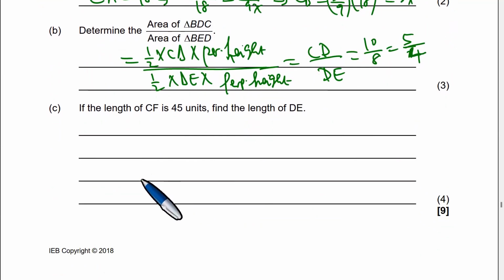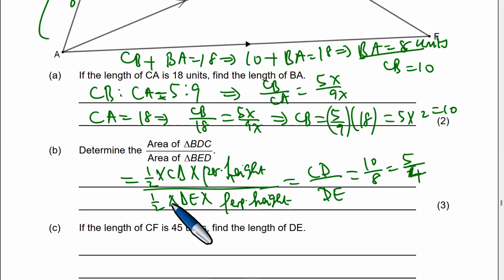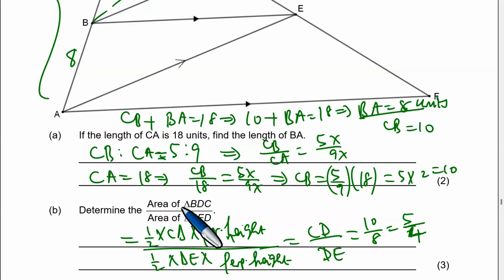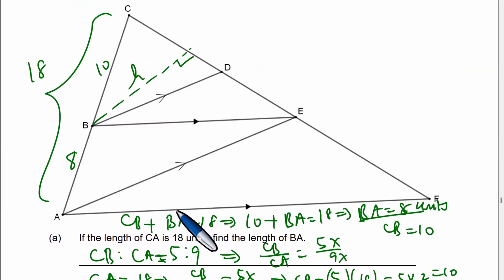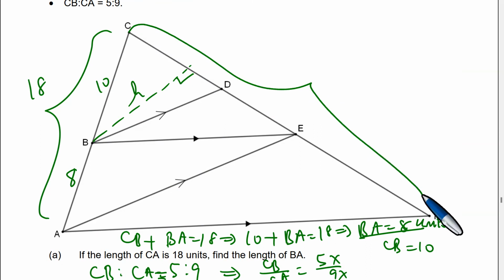If the length of CF is 45 units, right, here is C and here is F, and we're saying the length of these is 45 units.